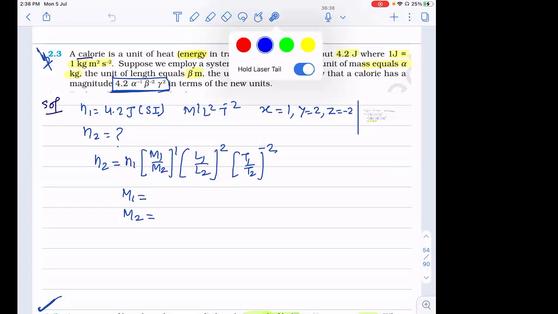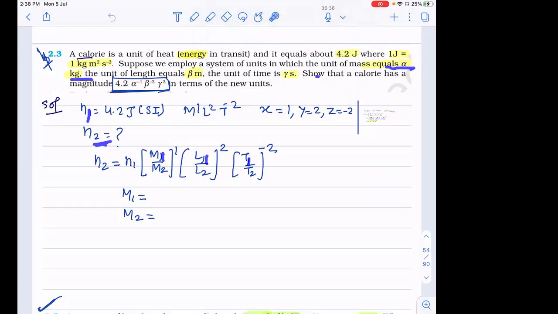One will be in SI unit, okay? See, this one is written in SI. Two is unknown, in which we have to take the mass as alpha kg, length as beta meter, and gamma like this. Here the seconds also have changed. We had done it only for mass and length by doubling. Here they are changing all three terms. So what is M1? What will we put here for M1? Just tell me.